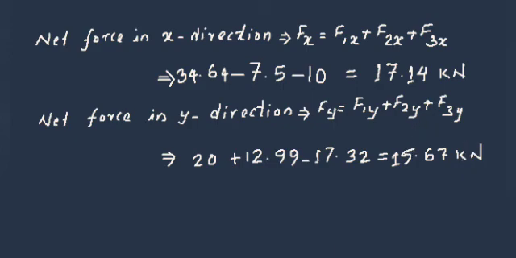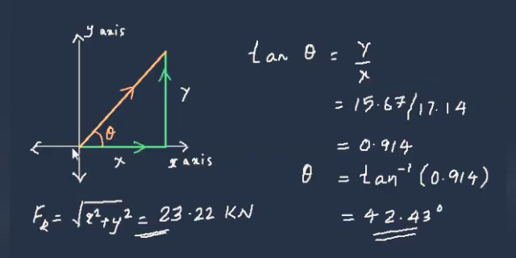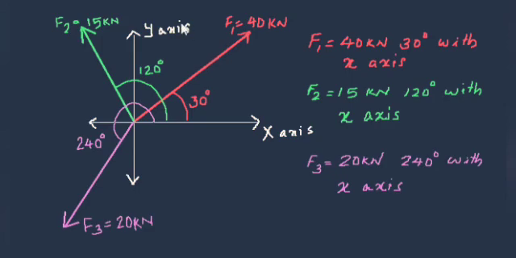Now you have a resultant force in the x direction and a resultant force in the y direction. So if you draw the forces as vectors and then find the resultant of these forces, you are going to get the net resultant force of this entire force system.